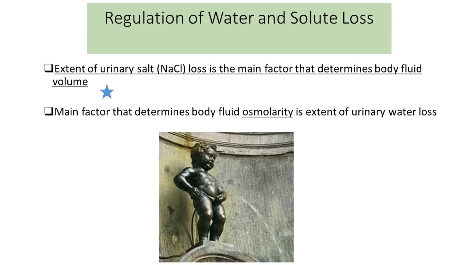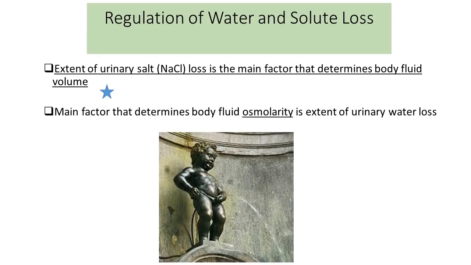Chloride, negatively charged, will follow sodium, and then we have salt, sodium and chloride together. It has a very strong attraction for water. So if we want to move water across a cell membrane from one compartment to the next, we can actively transport sodium first. Chloride will follow the sodium across the membrane, and then water will follow the sodium and chloride.